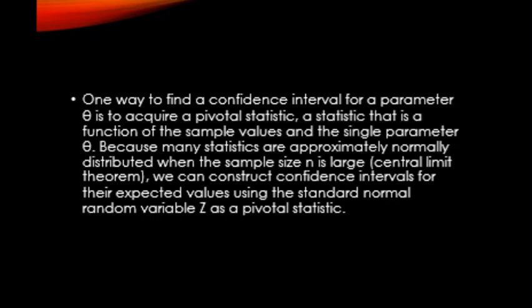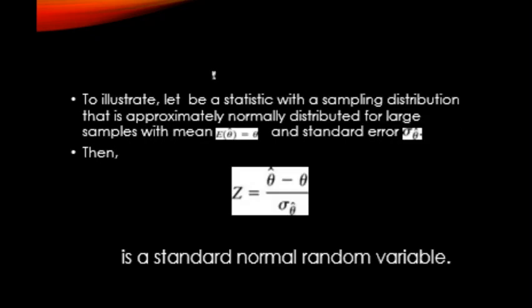So let's see what pivotal statistics are. Let's say this is how we can generalize it. To illustrate, there is a statistic with a sampling distribution, and this sampling distribution is normally distributed for large samples. The mean is the expected value of theta hat.